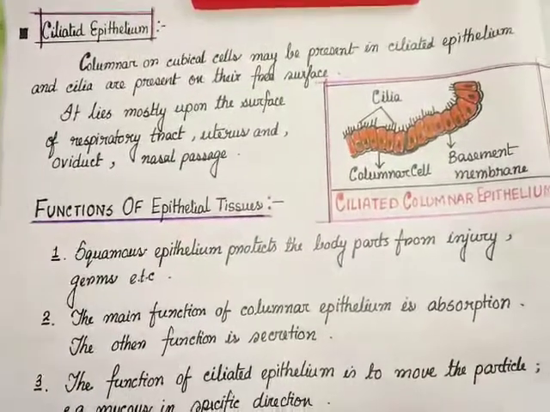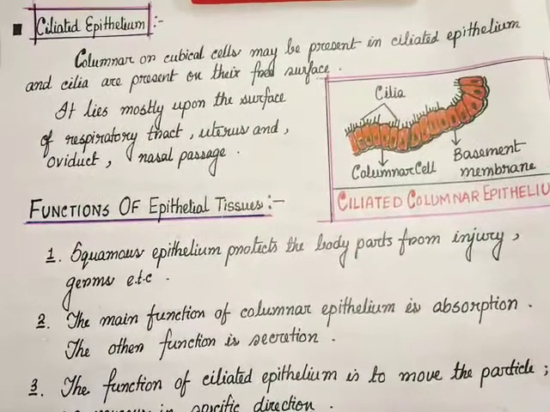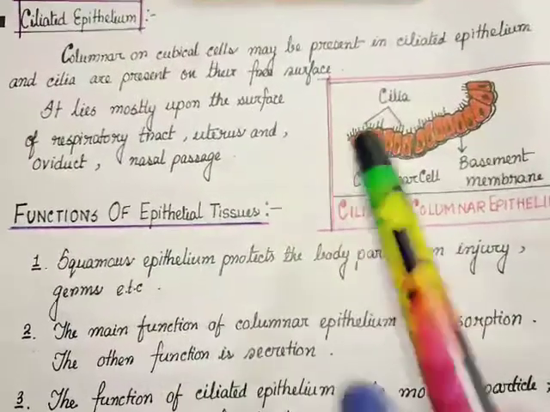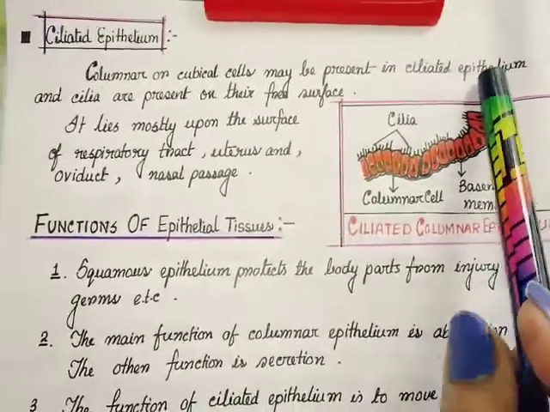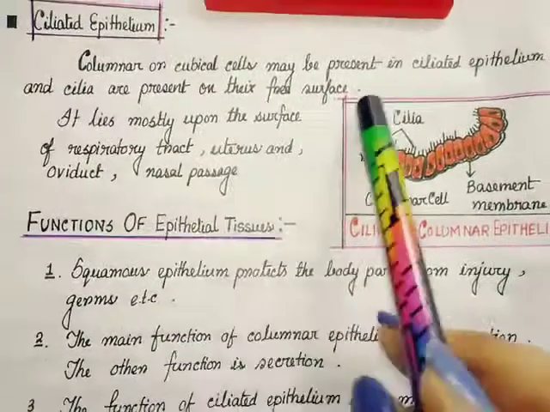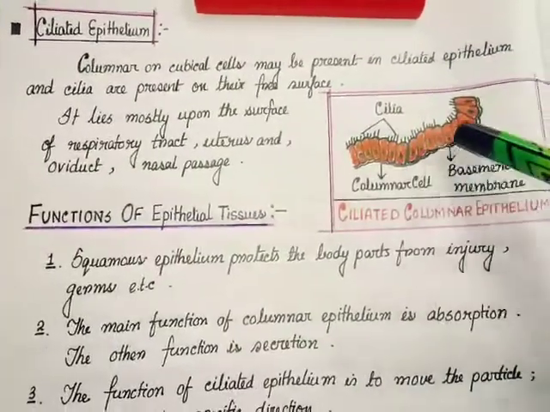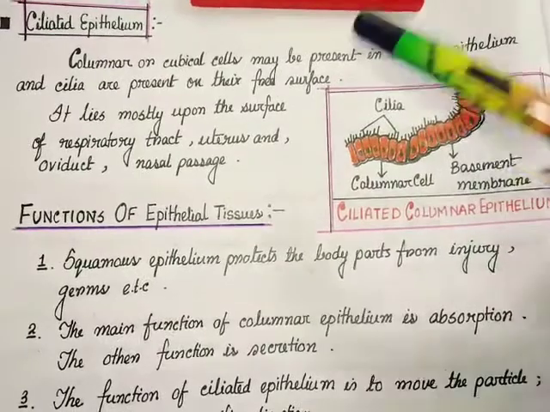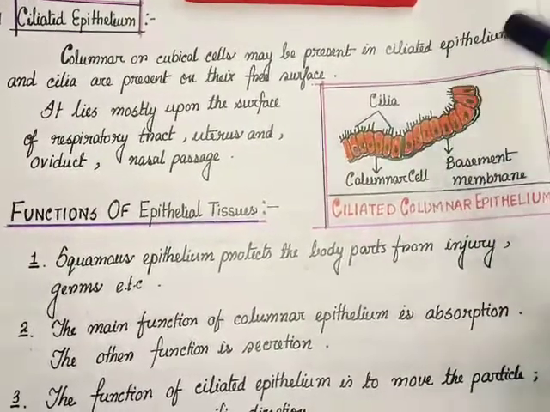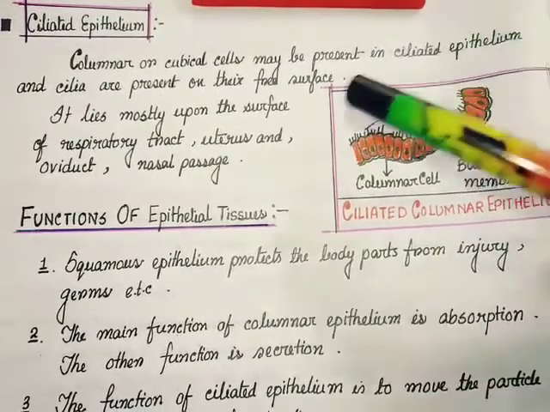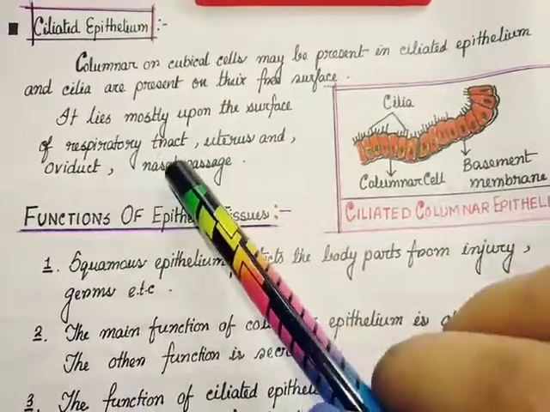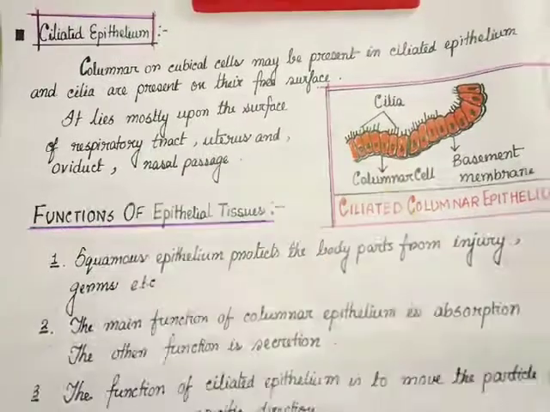Now the last type of simple epithelial tissue is the ciliated epithelium. Columnar and cuboidal cells may be present in ciliated epithelium, and cilia are present on their free surface. So here the columnar or cuboidal cells are there, and cilia means these hair-like structures arising from the cells. Okay, it lies mostly upon the surface of the respiratory tract, uterus, oviduct and nasal passage.